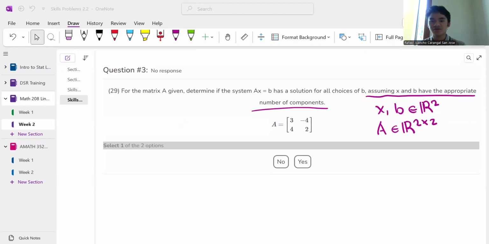And every check of the column spans R2. So it's very, very similar to the thing that we did. I'm trying to think of a way.